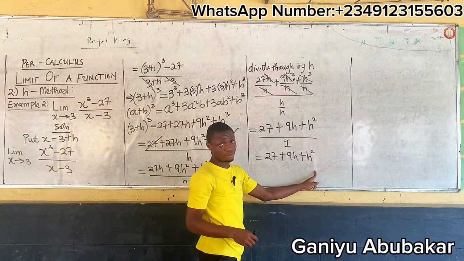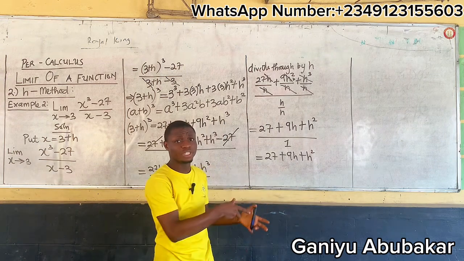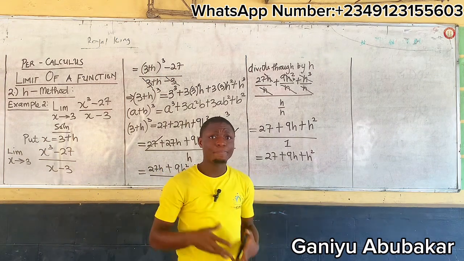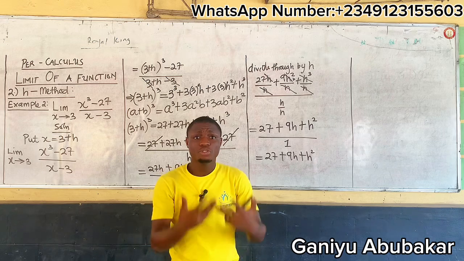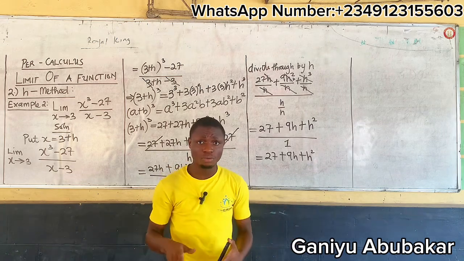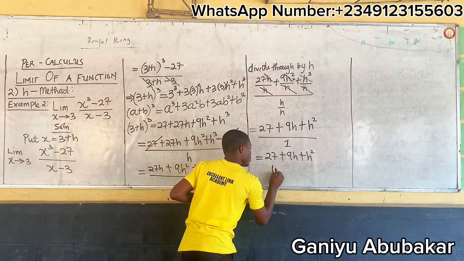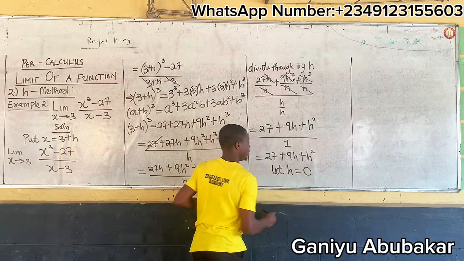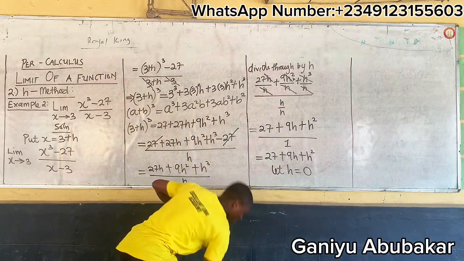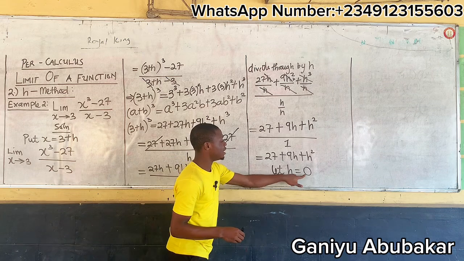Now in our previous example, we said whenever you divide through by the changing variable, your next procedure is what? You take h at 0. So let h be equal to 0. So the task is that I'll put h at 0 into this function.